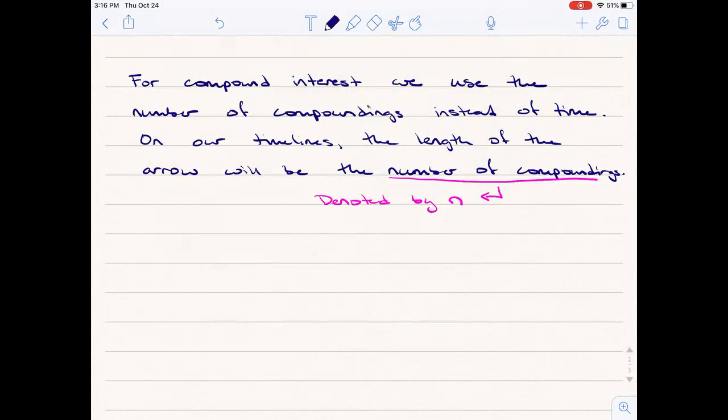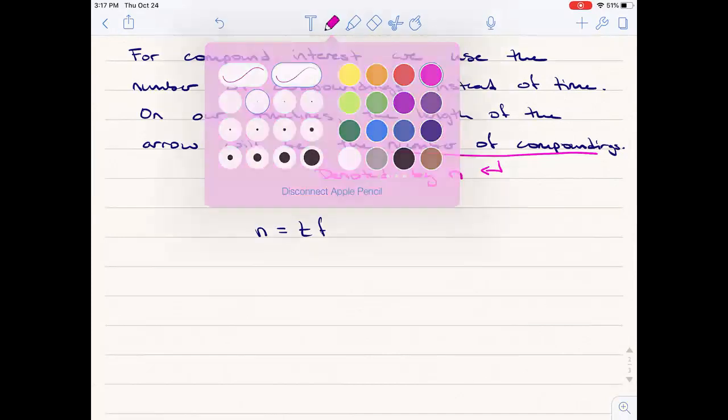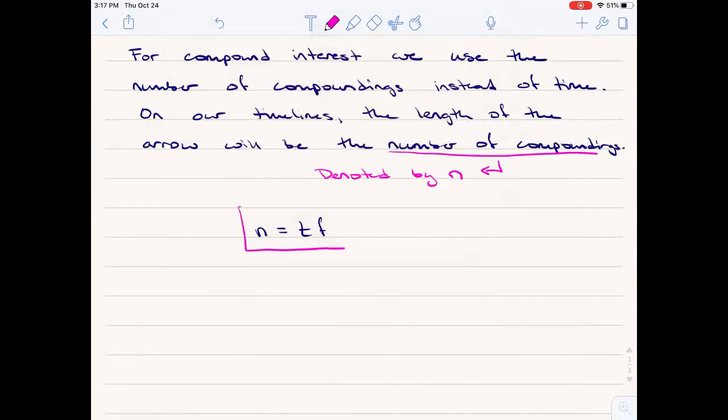Sometimes it's easy enough to say, okay, you invested it for 2 years and you're compounding quarterly, so there must have been 8 compoundings, but it's not always that simple. And so I always just use the formula that n is time times the frequency. And this is actually on your formula sheet, so I'm gonna box it up here.